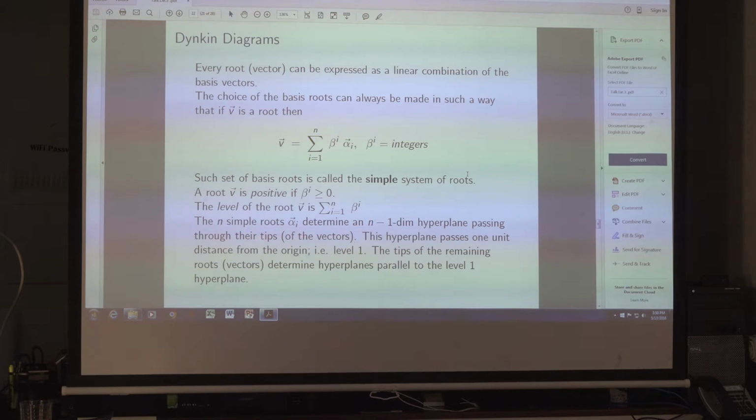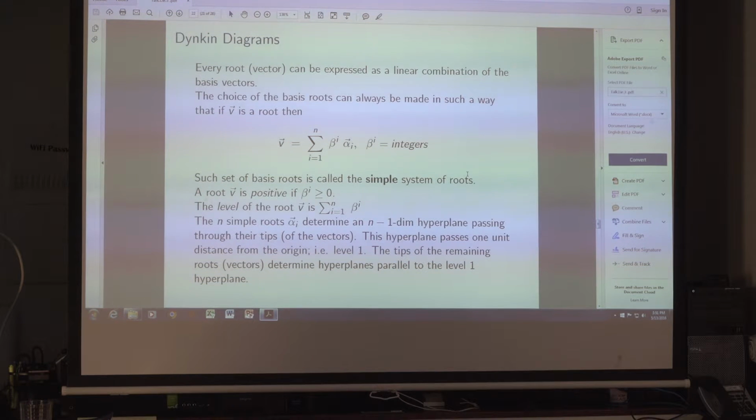Now the n simple roots will determine an (n-1)-dimensional hyperplane passing through the tips. Because, for example, we know that a two-sphere can be represented by an analytical equation given by x squared plus y squared plus z squared.